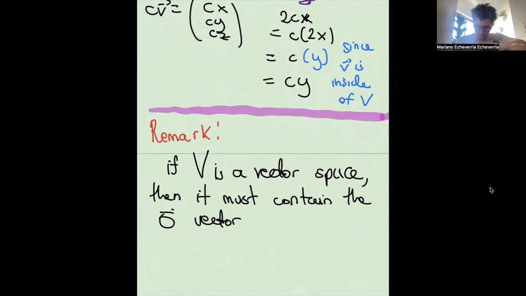So a vector space must always contain a zero vector. Therefore, if the zero vector does not belong to the set V, then it cannot be a vector space.